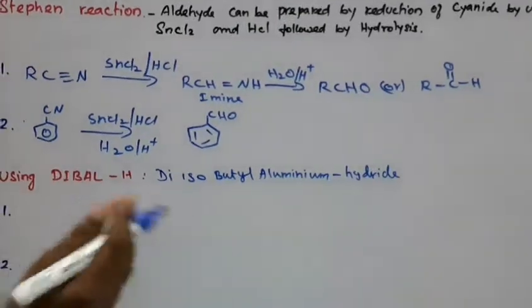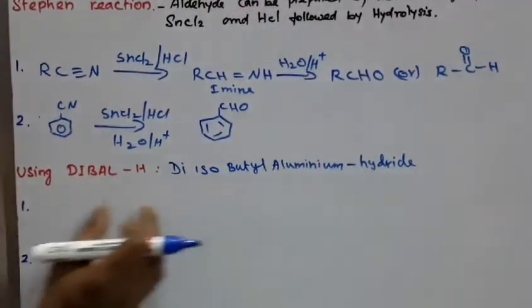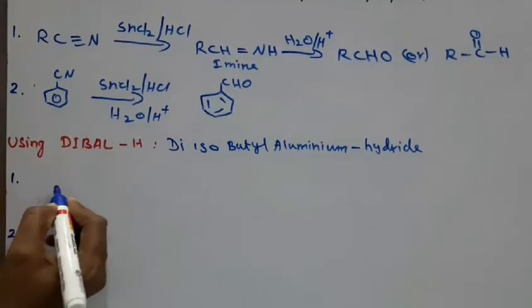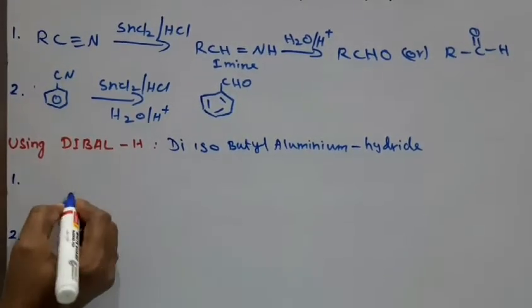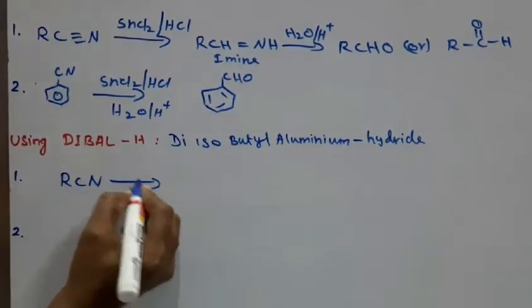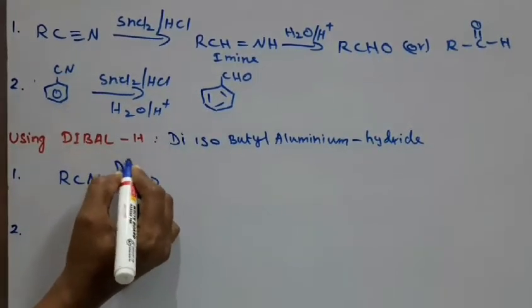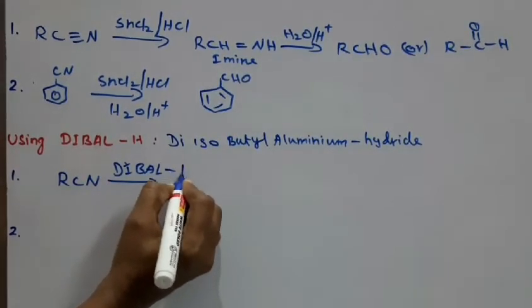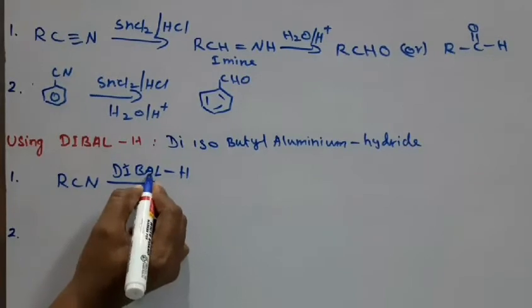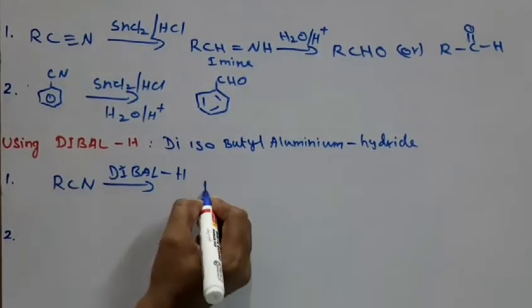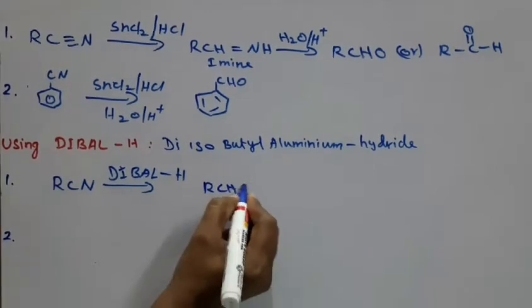Taking alkyl cyanide with DIBAL, diisobutyl aluminium hydride, the cyano group is converted to give an aldehyde group.